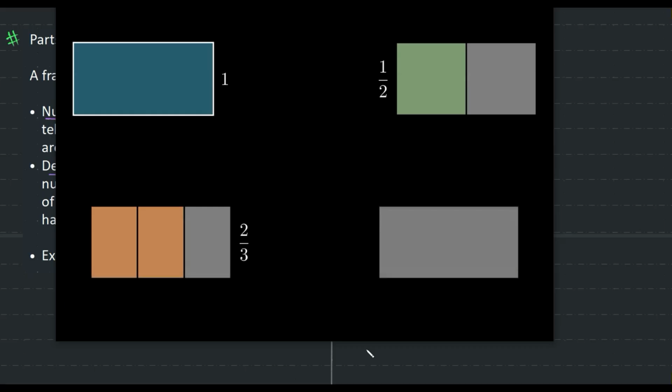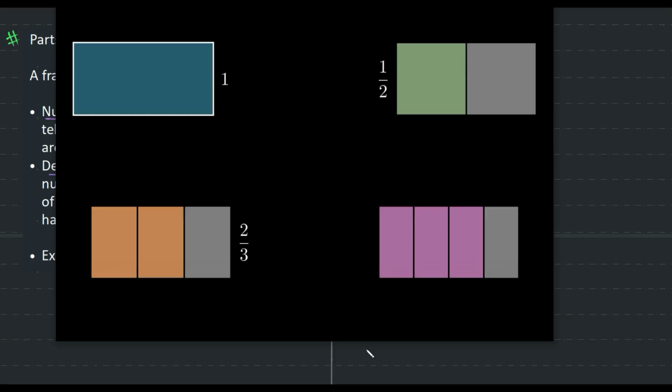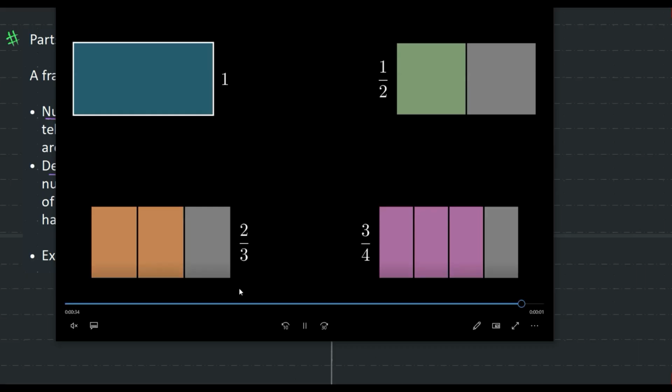I think I have one more example. Again, we're taking the entire thing, but in this case we divide it into 4 equal parts. And out of these 4, we will get 3. So we are said to have how much? Correct, 3 by 4.